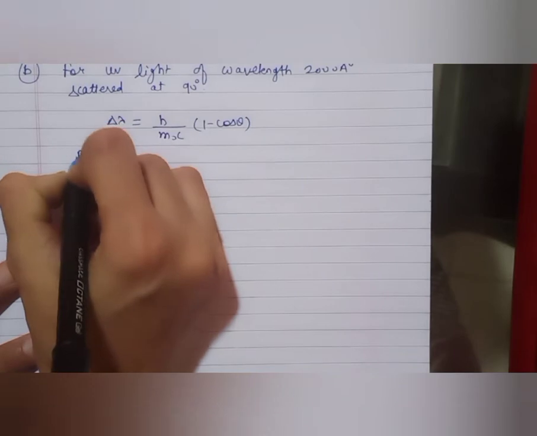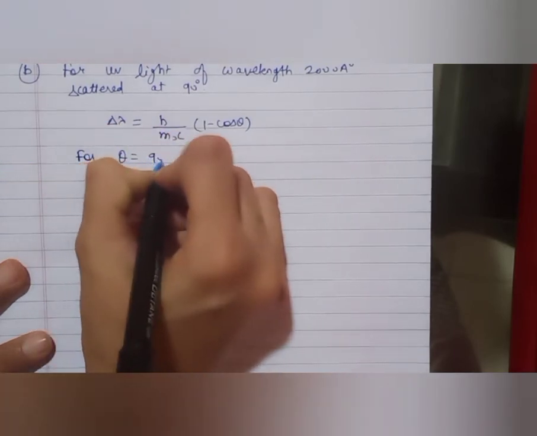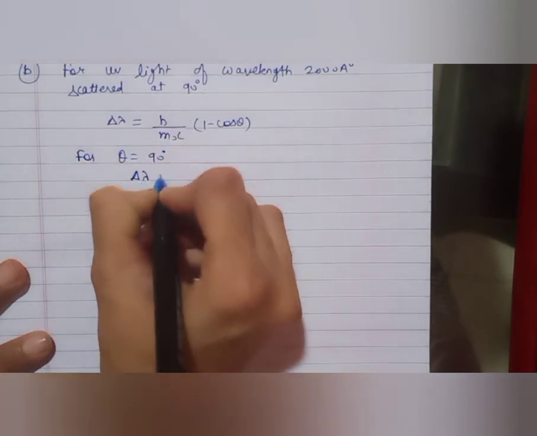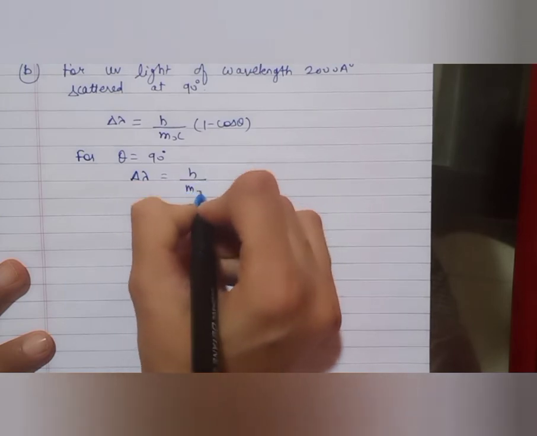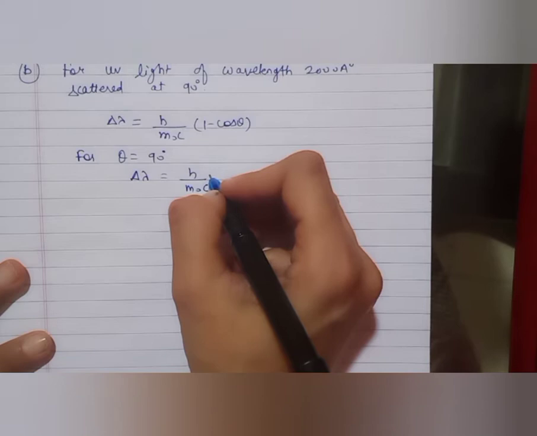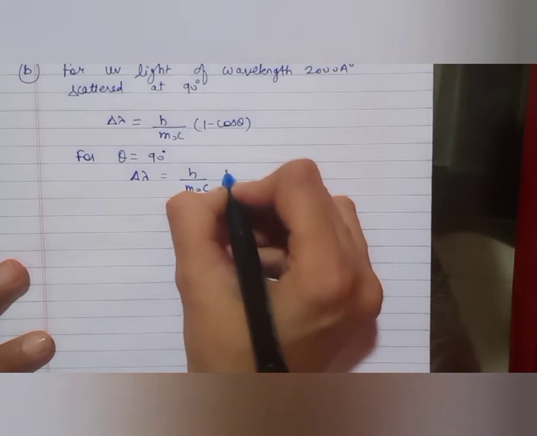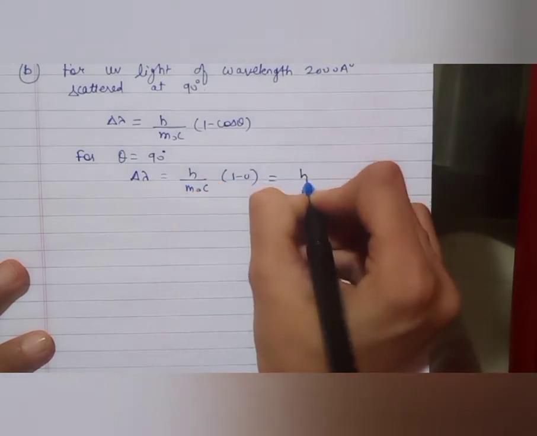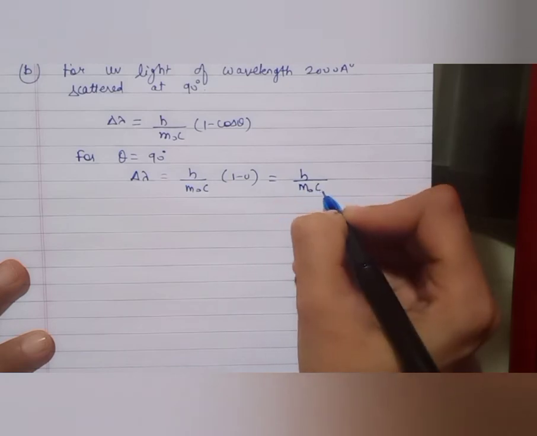Now for theta equals 90 degree, delta lambda equals h upon m0c (1 minus cos 90). Cos 90 is 0, so we will get 1 minus 0. That is nothing but h upon m0c.